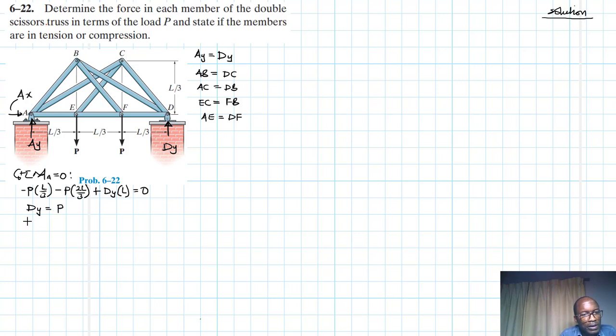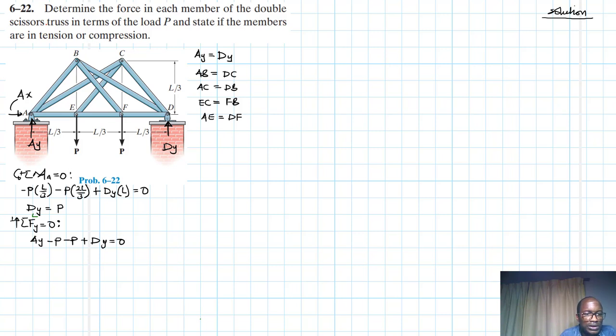Okay, then we have summation of forces in the Y equal to 0. Going up in our reference, what do we have? We have AY minus P plus DY equal to 0.